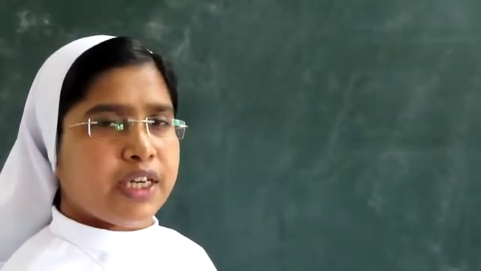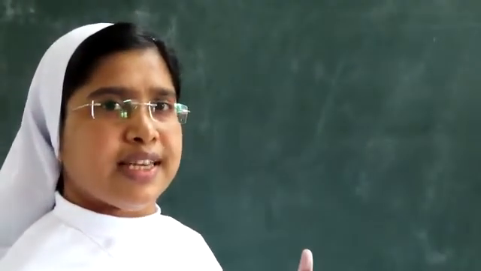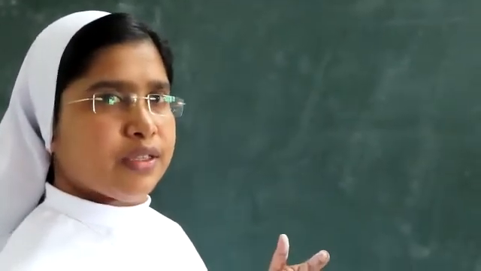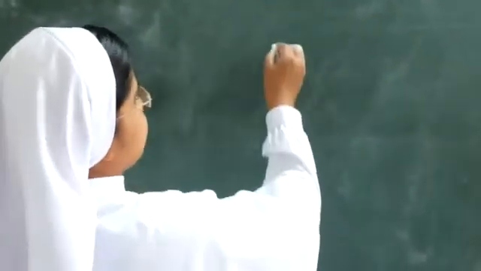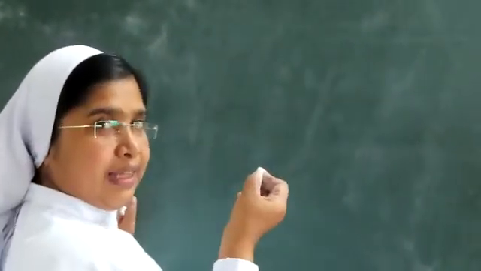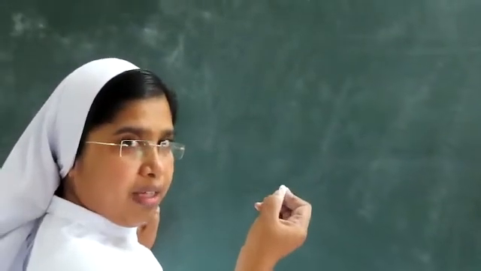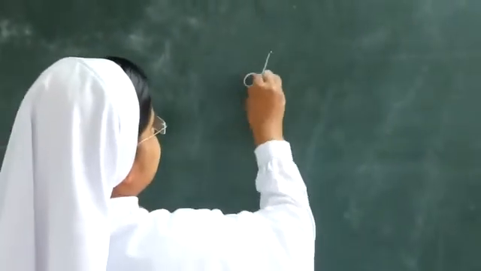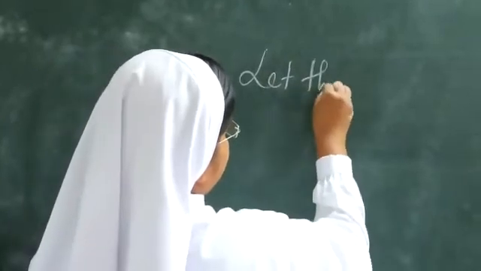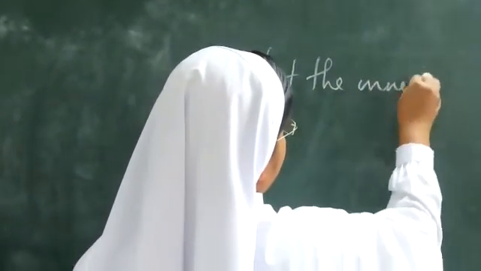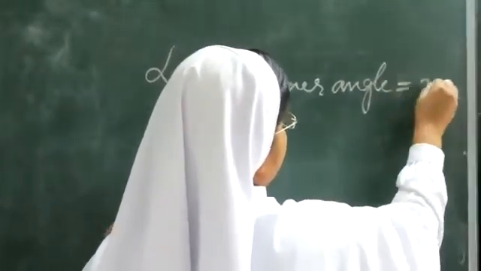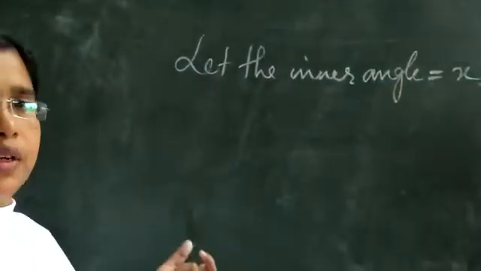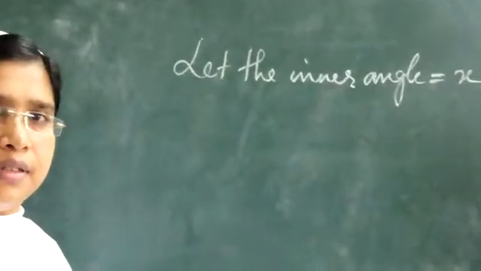What is the outer angle? It is twice the inner angle. So, do you remember the equation algebra? Let the inner angle be x. Now what will be the outer angle?